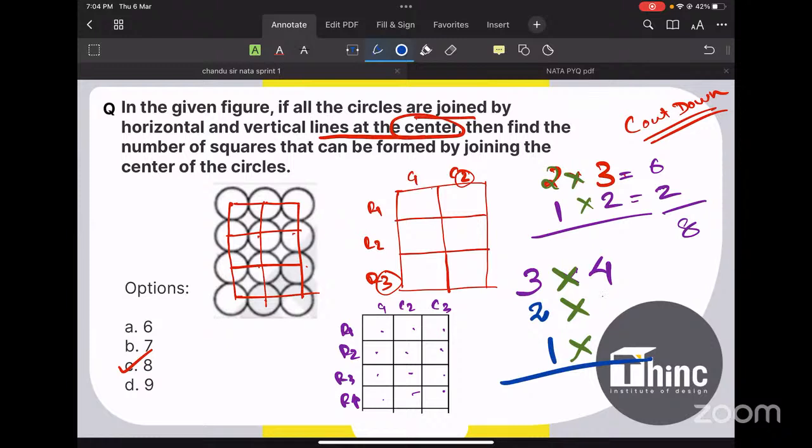Again with the 4, 3, 2. So over here, 3 into 4, 12. 2 into 3, 6. 1 into 2, 2. So 20 squares will be there altogether in this figure.